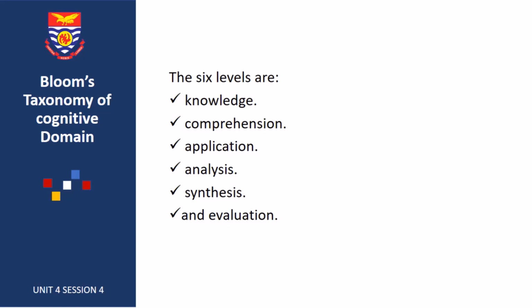The affective domain is concerned with the perception of interest, feelings, attitude, and values. And the psychomotor focuses on the skills that require coordinated movements of body parts. In this session, we are going to look at one aspect of a learning outcome, which is the cognitive domain.